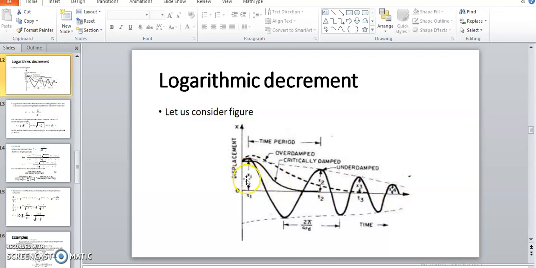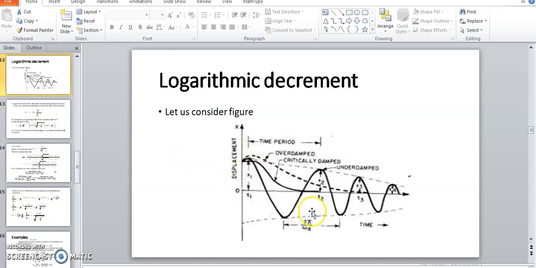Initially the pendulum is displaced by an amount x1. During each cycle it reduces and becomes 0, and the pendulum stops oscillating. So this is an underdamped case, when zeta is less than 1 and the two roots are imaginary and unequal.